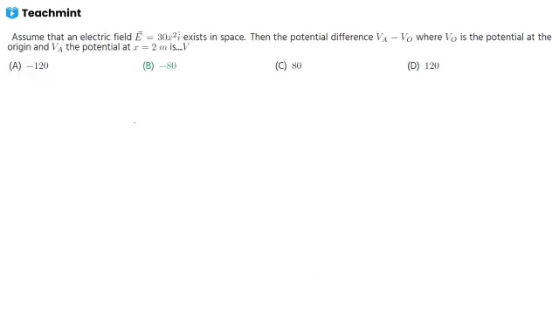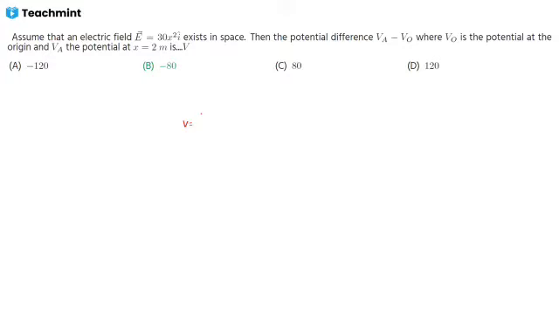See, assume that an electric field is given along x-axis, that is 30x square, exists in space. Then the potential difference Va minus V naught, where V naught is the potential at the origin and the Va is the potential at x is equal to 2. Okay, this is also similar type of question.